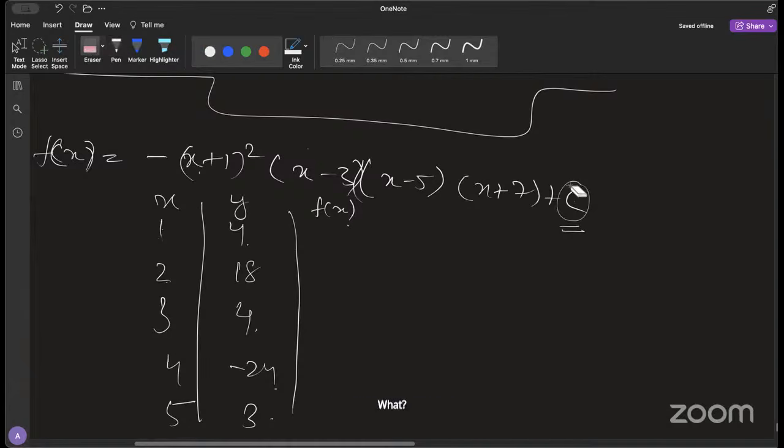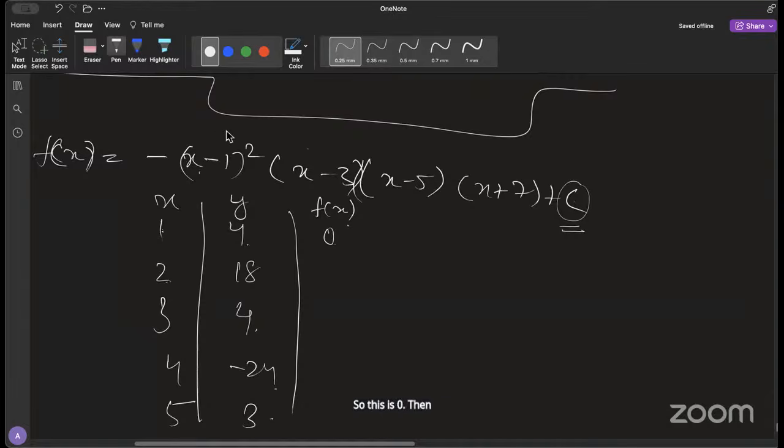What's the value of this entire expression at x equals to 1? The expression is x minus 1 the whole square. So it'll be 0 when x is 1. Okay, so this is 0.